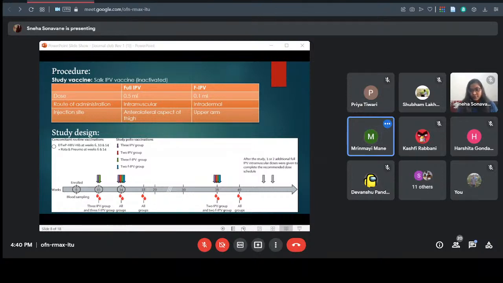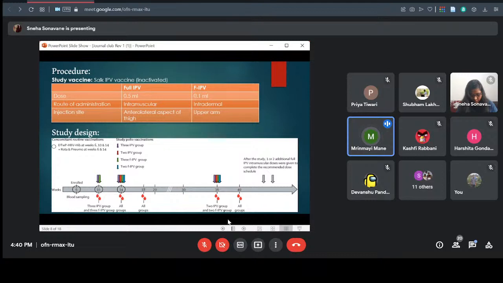For both the 3-dose groups, the vaccination schedule was 10, 14, 36 weeks, which means the first dose was administered at the 10th week of age, the second dose at the 14th week, and the third dose at the 36th week.